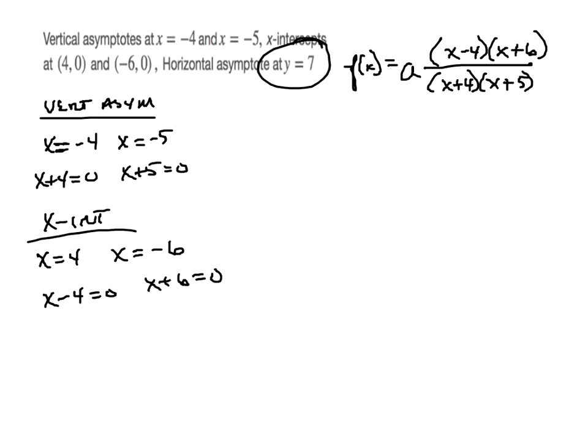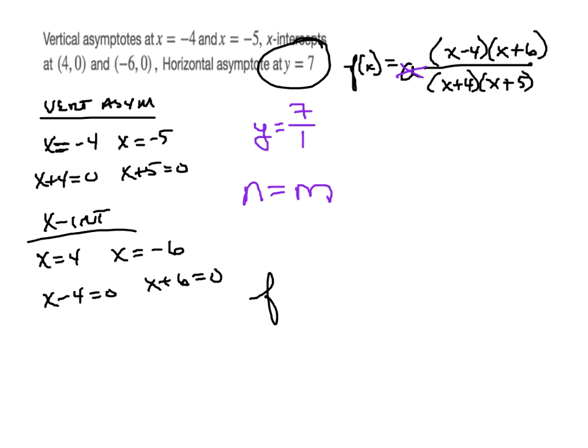And a horizontal asymptote at 7. So you have to be a little clever here. That came from y equals 7 over 1, meaning I divided my numerator's leading coefficient by the leading coefficient in my denominator, which means that the degree of my numerator had to equal the degree of my denominator.